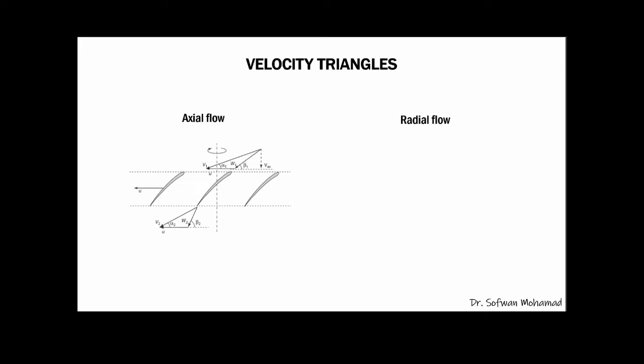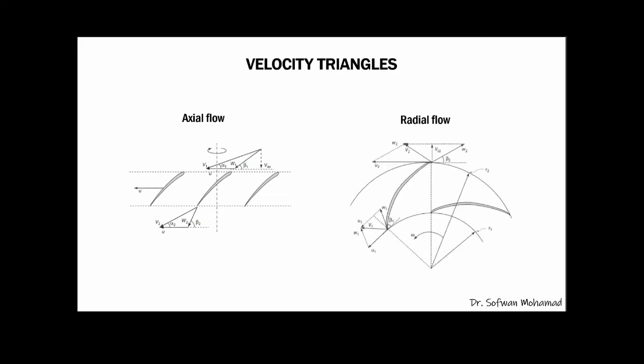This is the velocity triangle for the axial flow reaction turbine, and this is the velocity triangle for the radial flow reaction turbine. I hope by now you already know how to sketch velocity triangles.